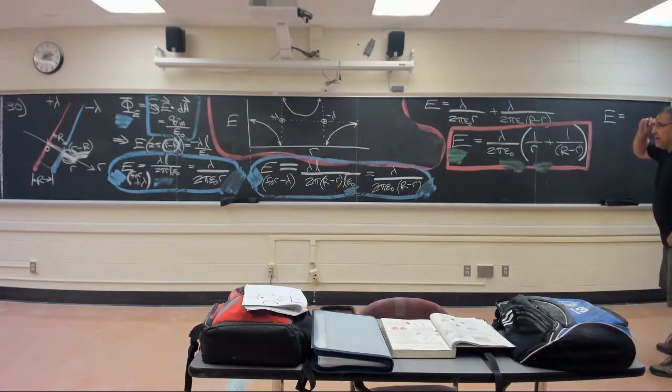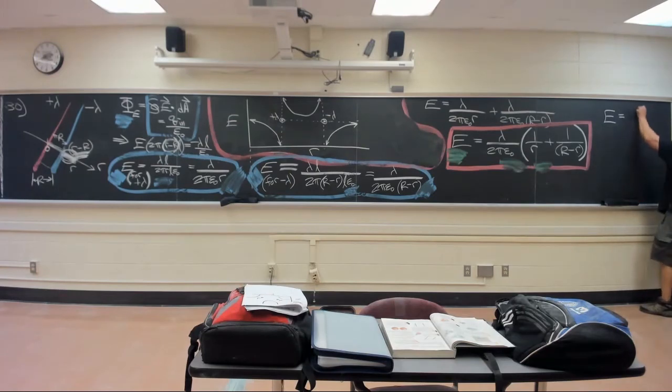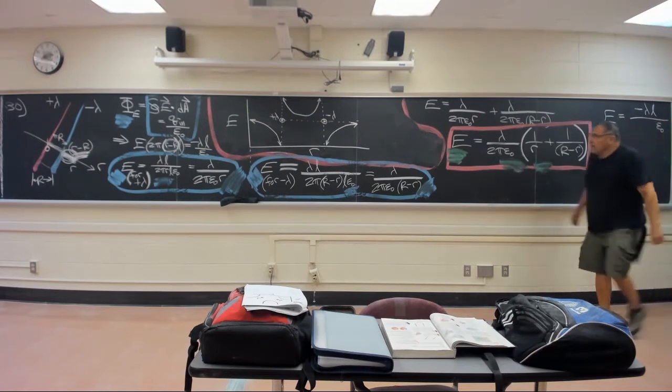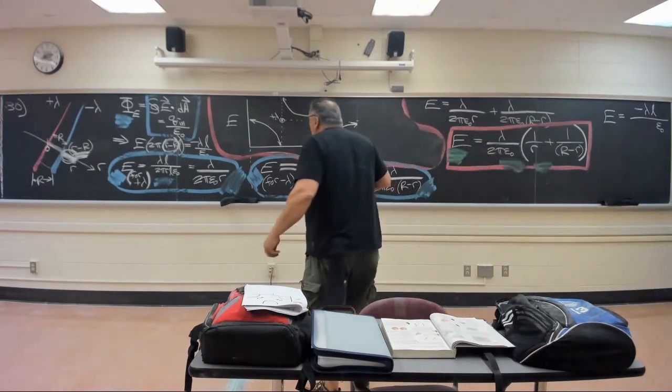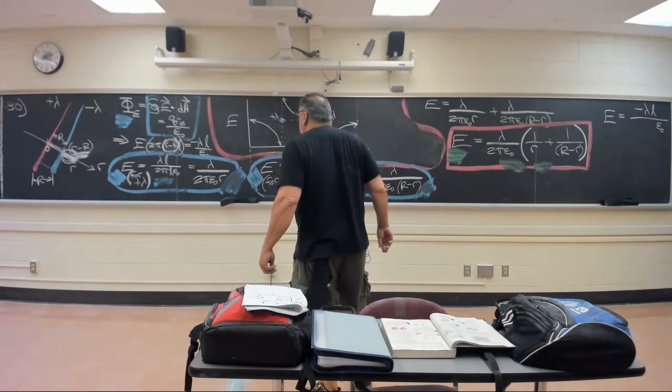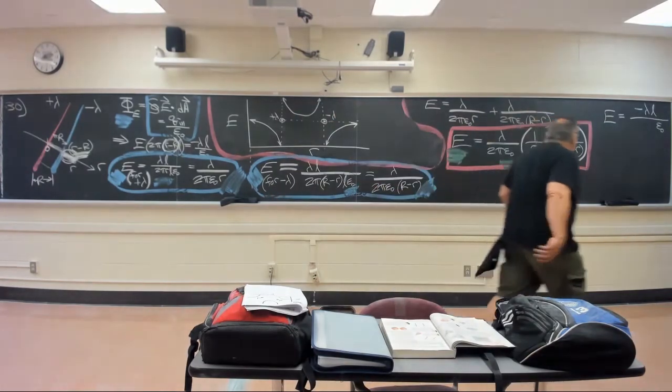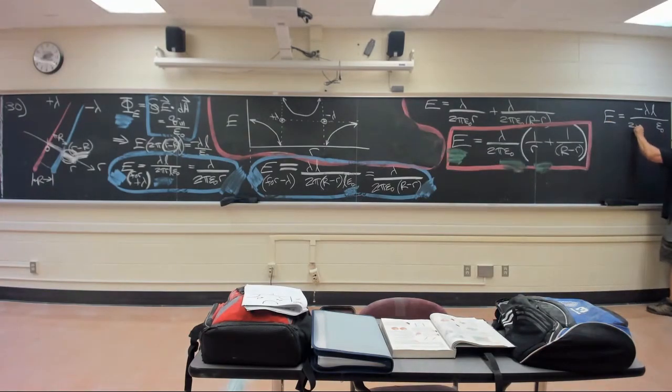We got negative lambda L over epsilon naught, 2 pi times the quantity small r minus big R. Okay, the L's go. You got negative lambda equals 2 pi small r minus big R times epsilon naught.